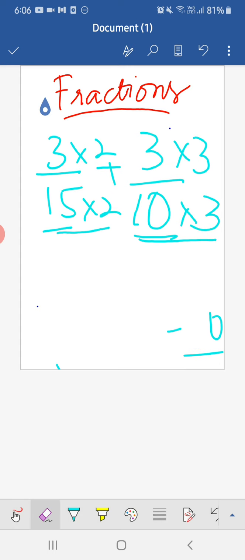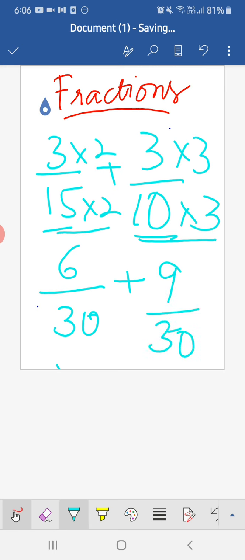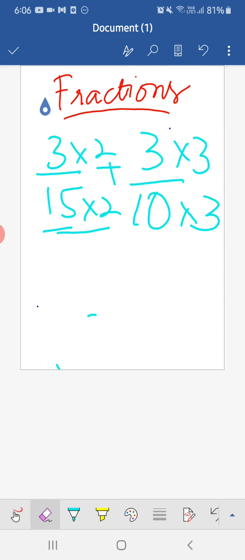So let's solve this. 3 into 2 is nothing but 6 by 30, plus 3 into 3 is nothing but 9 by 30. Now you can see that both have common denominators, correct? That is why we can now take the denominator as common, that is 6 plus 9.